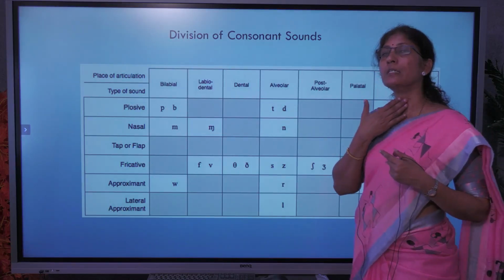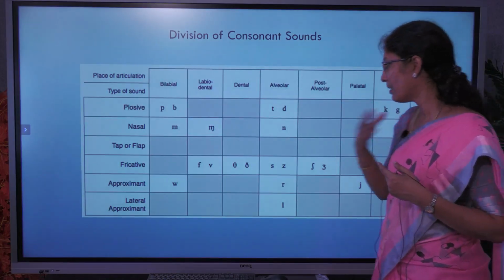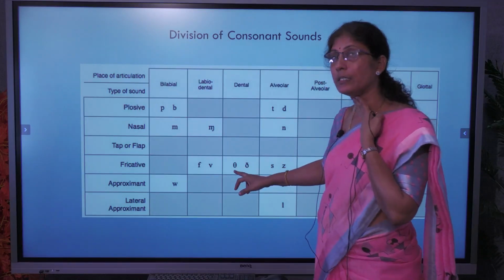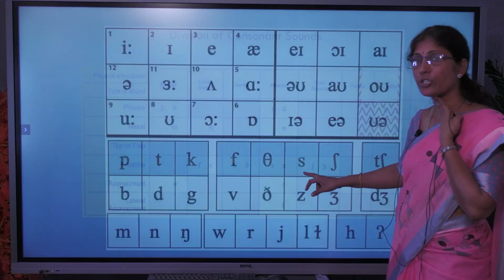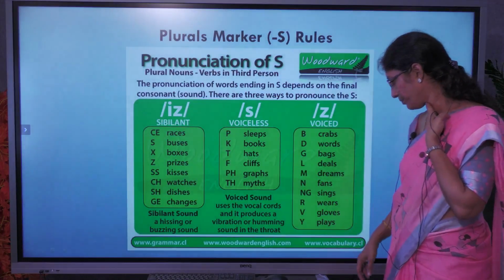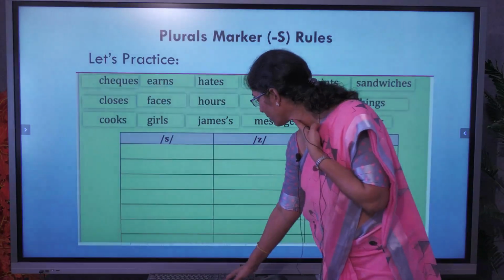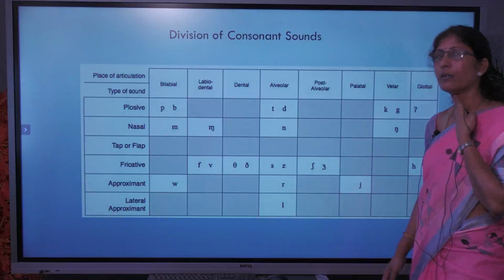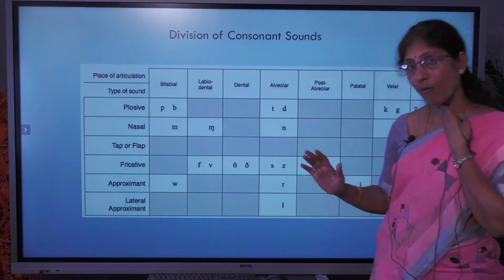T, d, k, g, f, v, t, d, s, z, sh, zh. So for some sounds there is no vibration, for some sounds you have vibration.